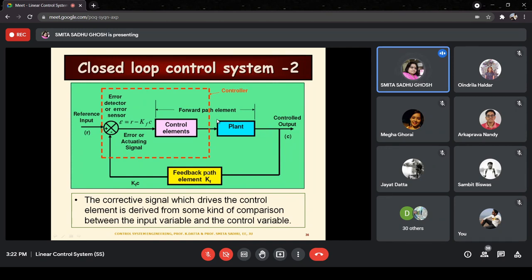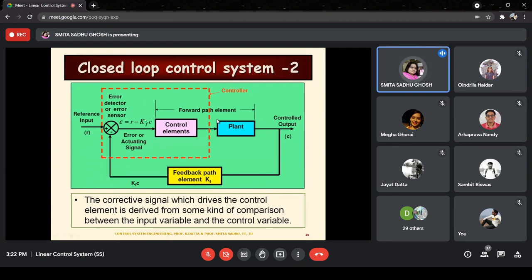Now, in the hypothetical case, if your controlled output has become exactly equal to the reference input, what will happen to the error signal? What will be the value of the error signal? If R is equal to C, what will happen to the error signal?